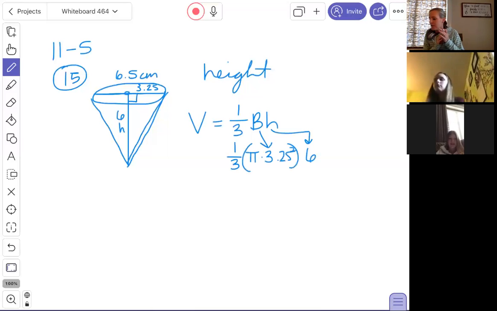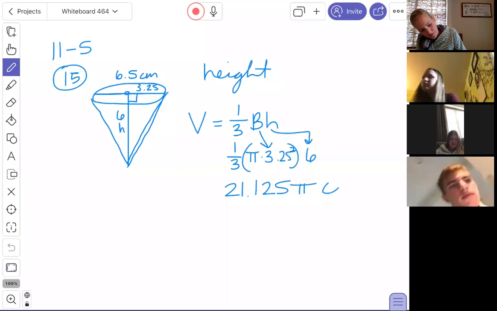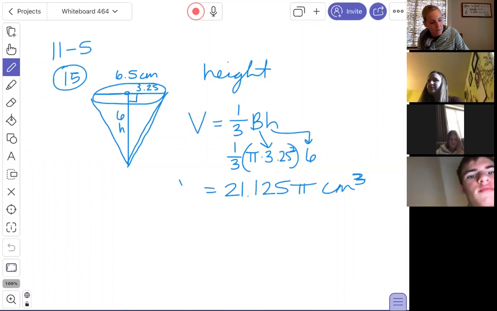Okay. Now did they say round it? They didn't say, but whenever it's a real world problem like this, you typically round it. So we would go 1/3 times pi times 3.25 squared times 6. So the exact answer would be 21.125 pi cubic centimeters.